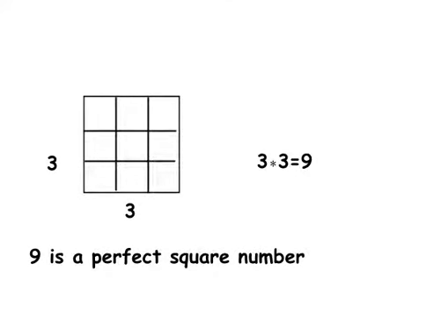Now, why are those numbers on that perfect square list? Because they are perfect squares, meaning 3 times 3 is 9. In other words, another way to write that, 3 squared, which means 3 times 3 is 9.